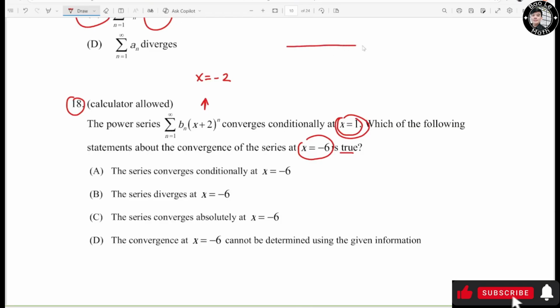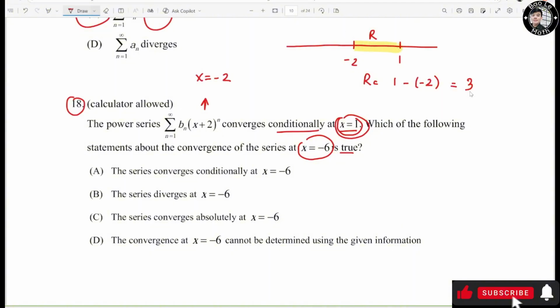So we just draw the number line right here. The center is -2 and the series converges at s equals 1. So 1 is the endpoint. The radius of convergence is 1 minus -2, which is 3, right?